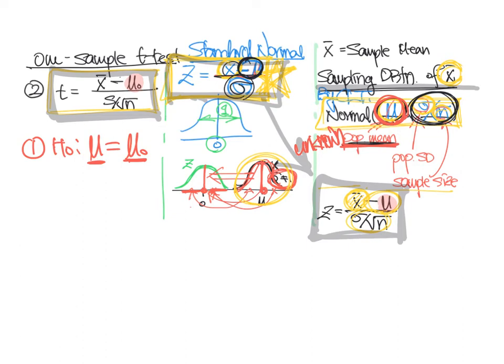So in the z-score, the mu here is unknown. But the test statistic t-score is in the second step. Before the test statistic, we stated the unknown population mean was mu zero. So now we can plug the mu zero here.